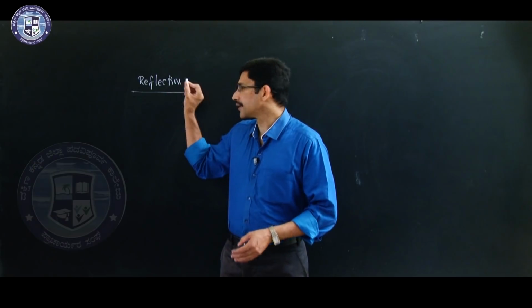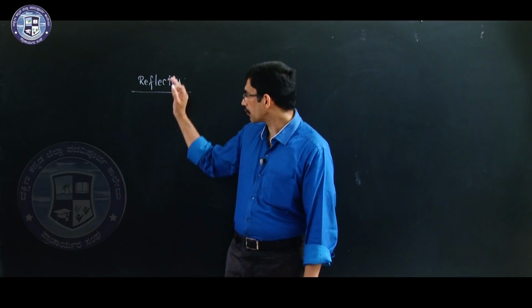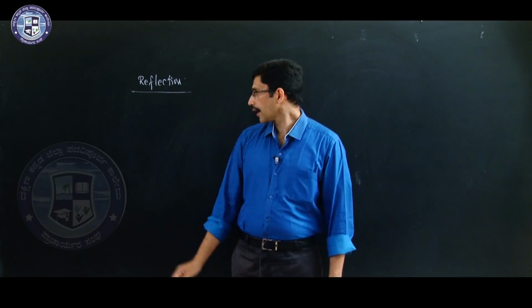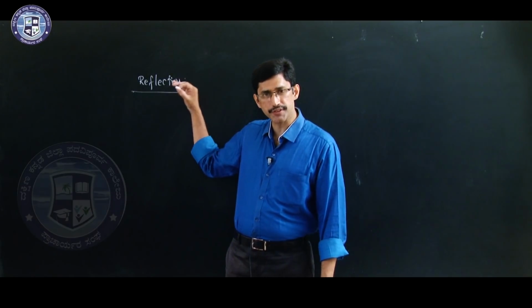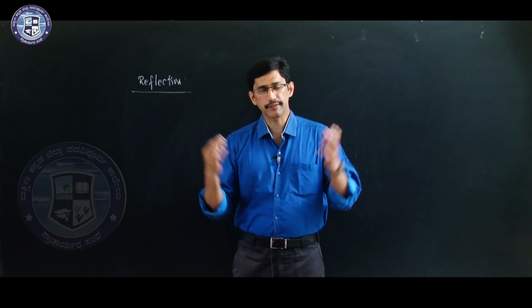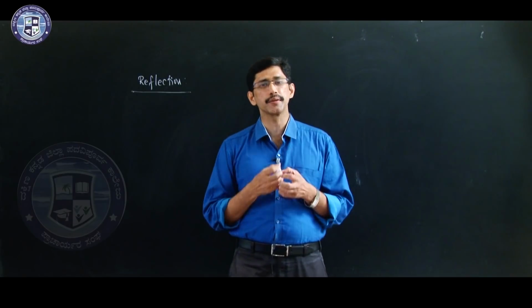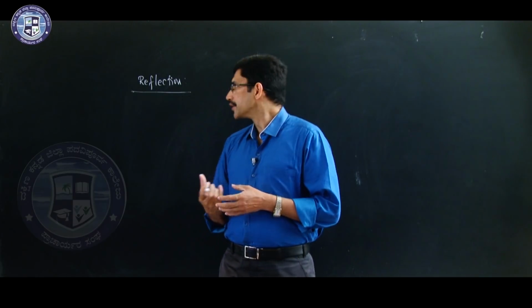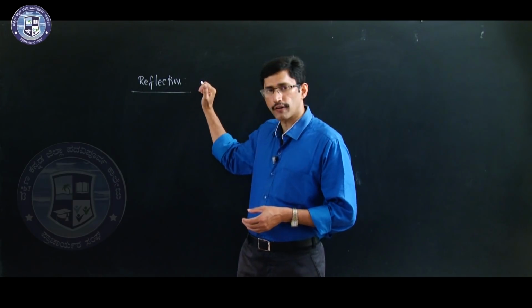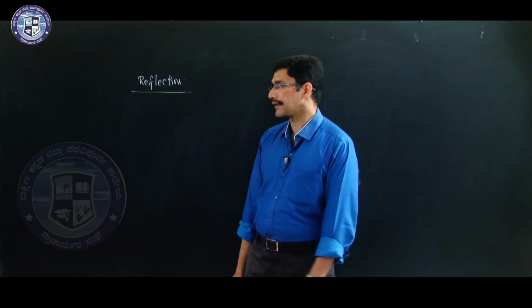First we will consider the plane mirror, which all of you have seen, and when light is incident on such a plane mirror, there is reflection. In fact, there is bouncing back of the light, and that bouncing back of light is called reflection.